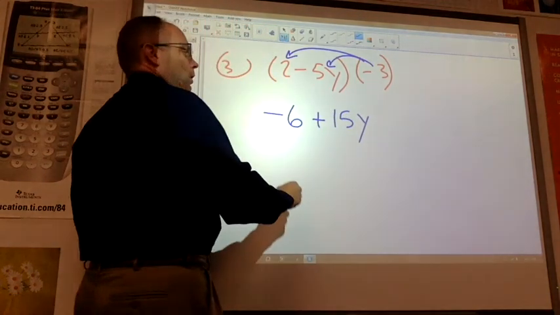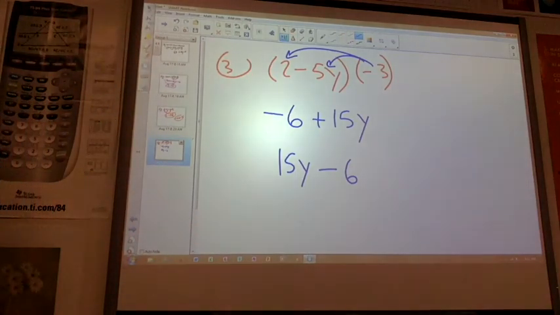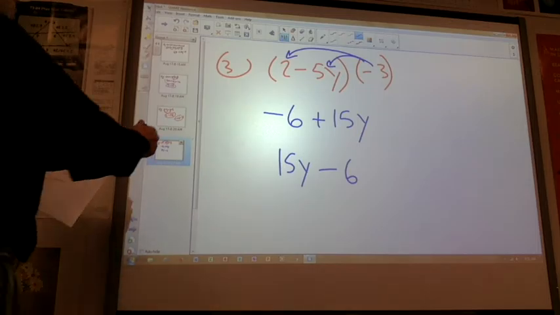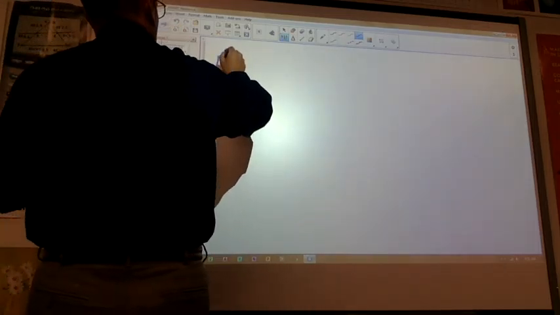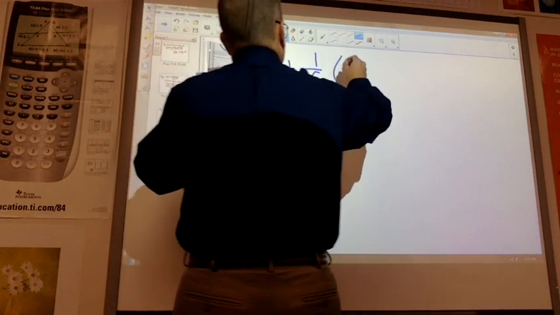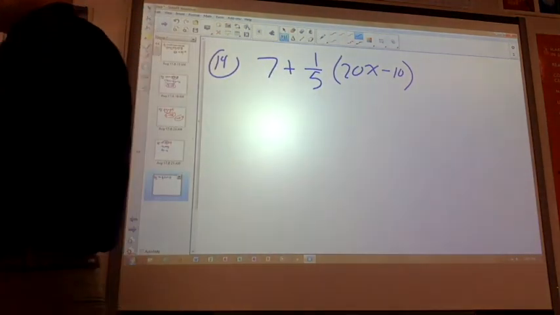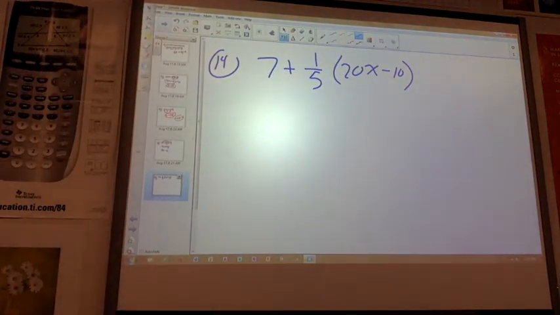So this answer is totally right, or you could have the answer this way by maintaining the signs. Your choice. Okay? Yeah. 14. We have 7 plus 1/5 of 20x minus 10. Is everybody still with me on this one? You okay? All right.